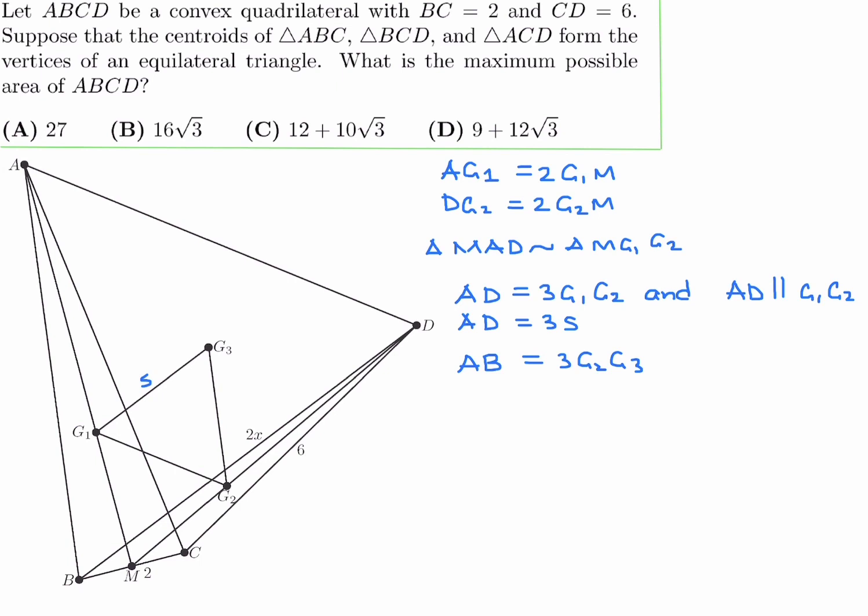And we can make that conclusion because G2 to M is 1/3 of D to M, and therefore if we're looking at other sides, we can conclude that G2G3 is going to be 1/3 of A to B. So again, G2G3 is S, so AB is equal to 3S. And we can also conclude that AB is perpendicular to G1 and G3, like that.